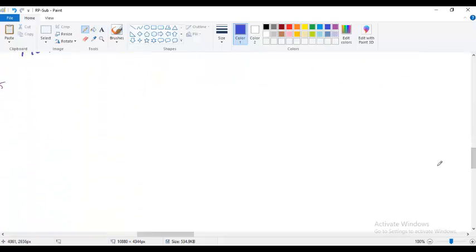10.0.0.0, 10,000 hosts, 10 subnets needed. For all the homework I am giving, you need to write only first 3 and last 3, okay? And then the new subnet mask. New subnet mask, first 3 and last 3.